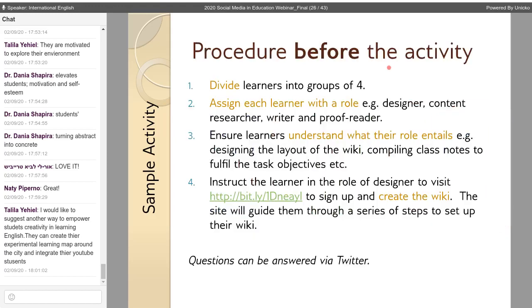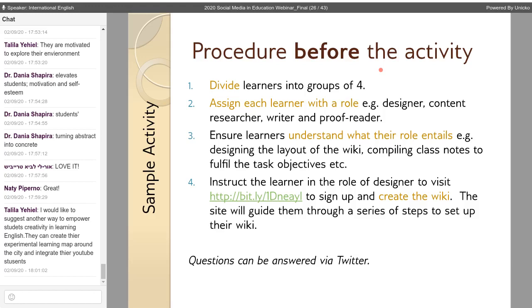Before the activity, we divide students into groups of 4. We assign each student a role. Student 1 would be a designer, student 2 a content researcher, student 3 a writer, and student 4 a proofreader.